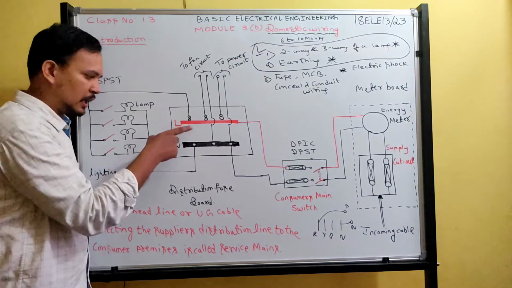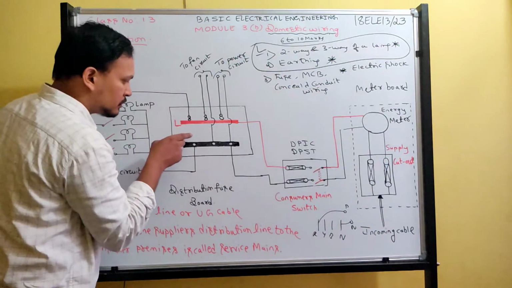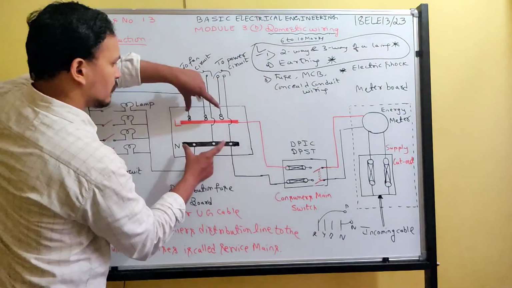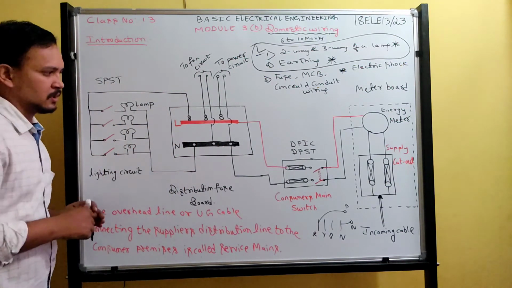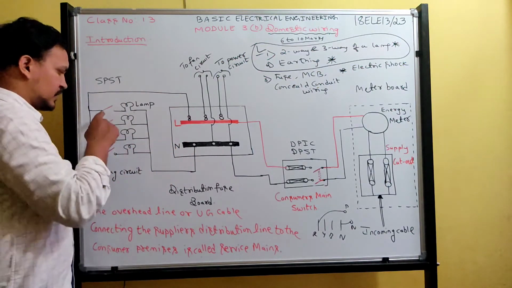One bar is live, the other bar is neutral. On these distribution lines we can connect any number of loads to the live and neutral terminals. But before connecting the loads, you have to use switches.